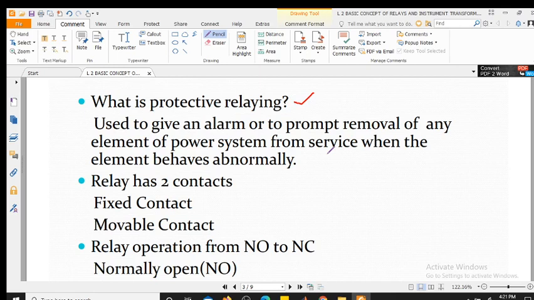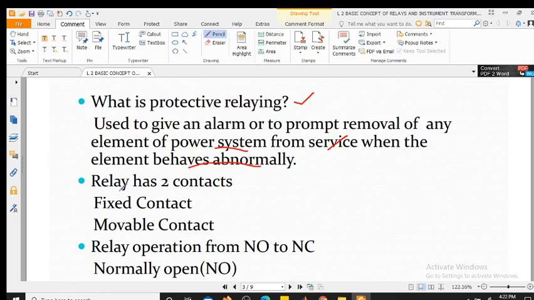So we will get an information to the circuit breaker when relay senses the abnormal behavior of the equipment. Then the circuit breaker will break the circuit and the faulty element of the power system will be removed from service if the element behaves abnormally.